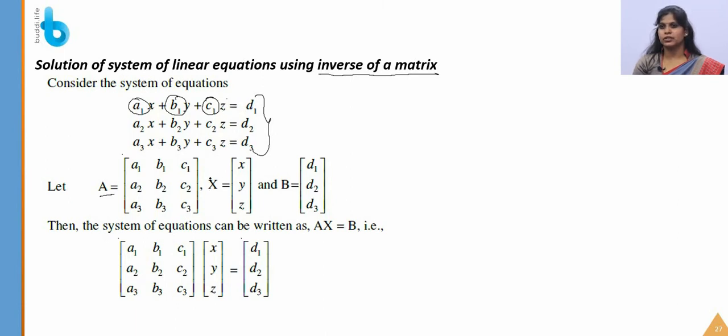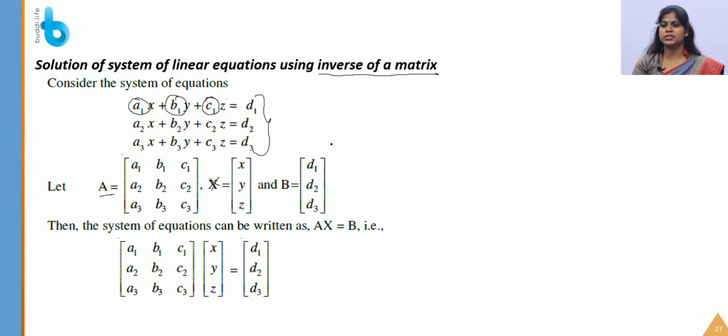Let capital X be a column matrix of the elements x, y, z. If the equation has some other variables like p, q, r, you will write p, q, r here.